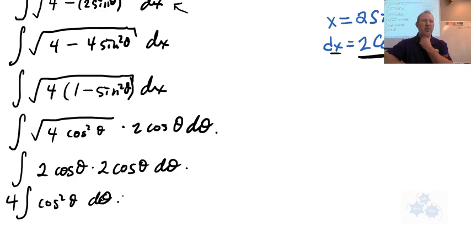Now there is something called a reduction formula, but I think it's more complicated to remember. For example, if you have cos to the n theta, there's a formula where you can plug it all in and get the integral. But let's just memorize cos squared and sine squared and a few of those. So do you see that? What's the integral of cos squared theta?